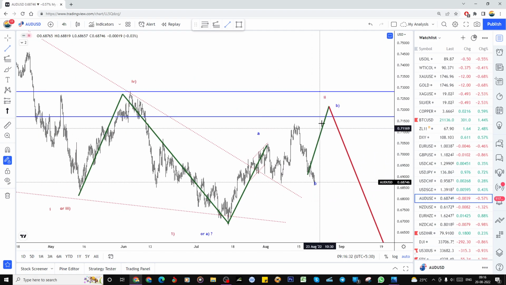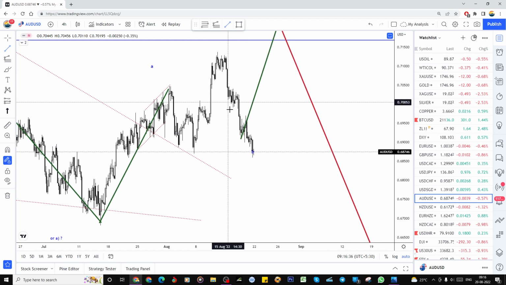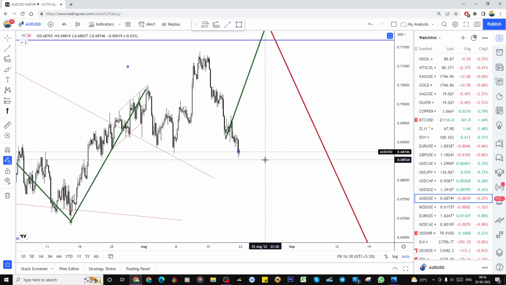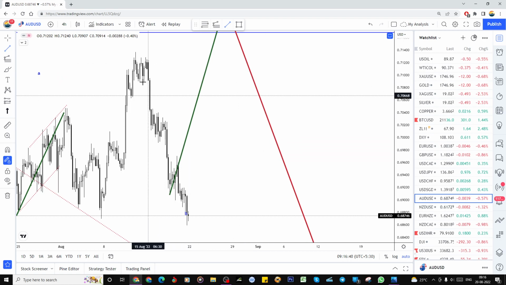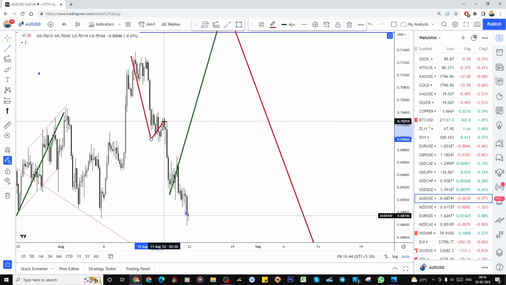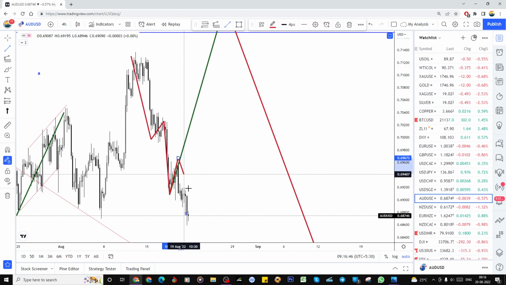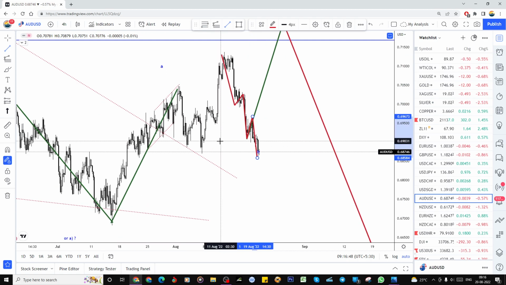Here, look at this. There is a chance, I informed that. What did it do? It's looking like a 5-wave structure now. This is wave 1, 2, 3, 4, and 5. It looks like that, but it's not.